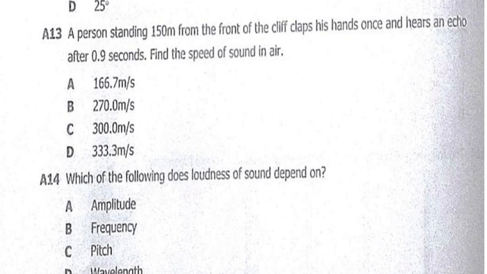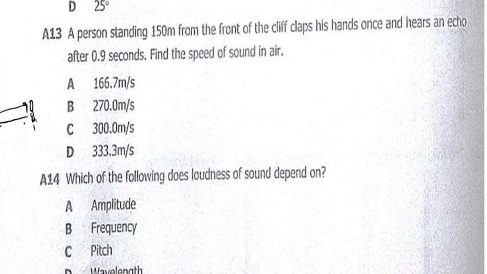Let's say you've got a boundary here and the person is there. If the person claps, sound will go in that direction, then it will come back as an echo.